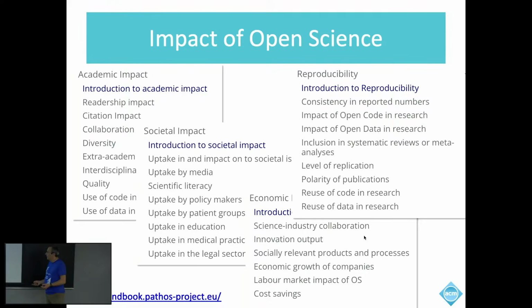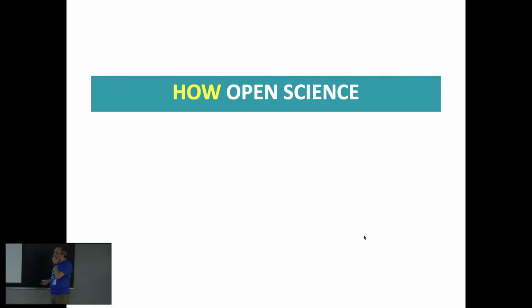You can go and check this. How many of you are convinced that open science is good? You're not convinced? The two of you? Okay, good. So, how do we approach open science?